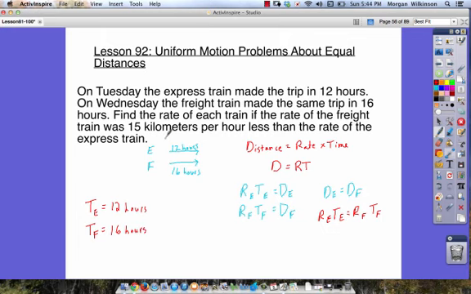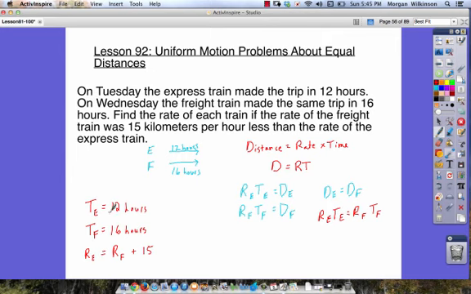What we're also given in this problem is that the rate of the freight train was 15 kilometers per hour less than the rate of the express train. So the rate of the freight train plus 15 is going to be equal to the rate of the express train. Once we get this written down, then we can solve our equation.